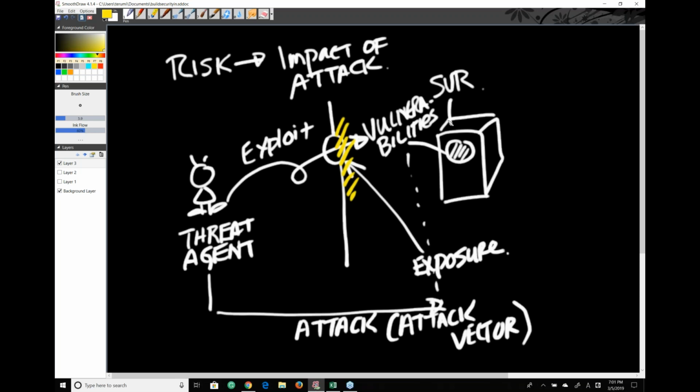You can do that in several ways. You can get rid of the vulnerabilities. But ask yourself, how would you ever know that you have no more vulnerabilities in your system? Can you say with confidence that you have no vulnerabilities?